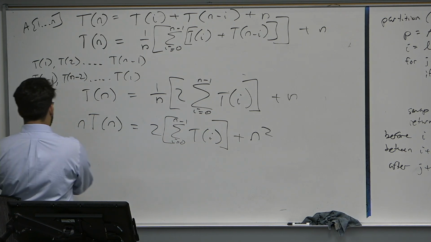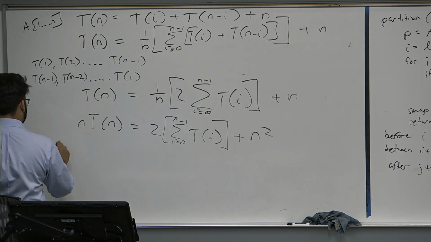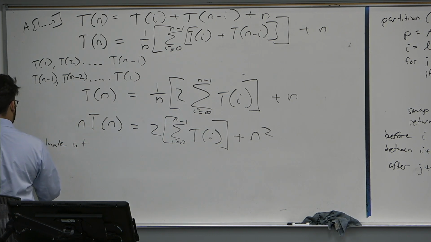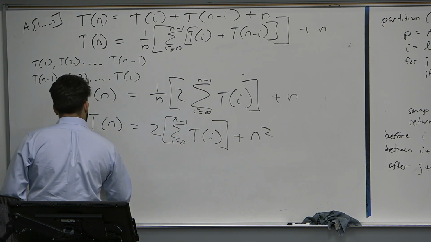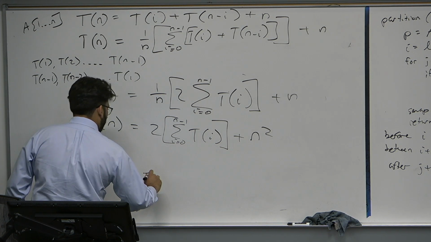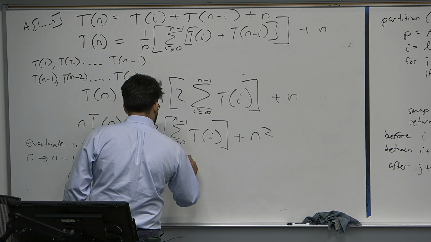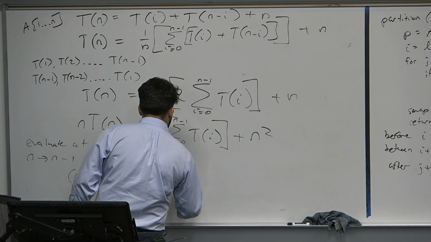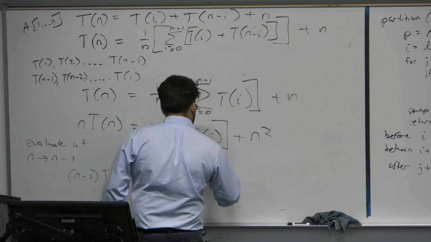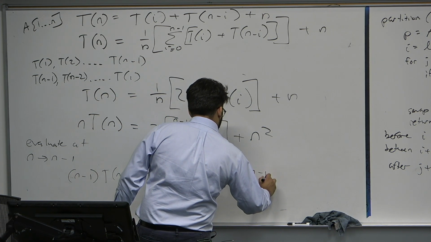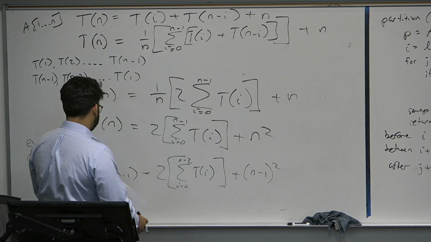Then I'm going to evaluate from n to n minus 1, and we're going to get n minus 1 times t of n minus 1, which is equal to 2 times the sum of i equals 0 to n minus 2 of t of i, plus n minus 1 squared, right?